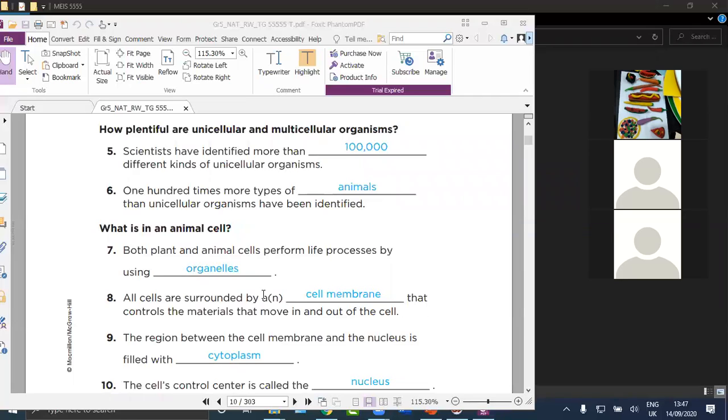Okay, the next. Kareem Majid, number 6, read. 100 times more types of animals than unicellular organisms have been identified.